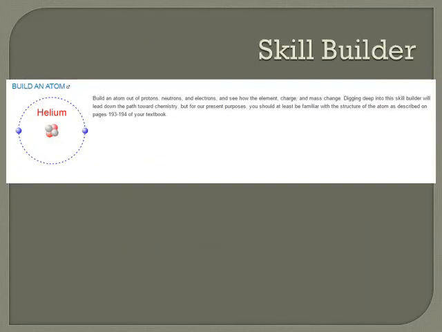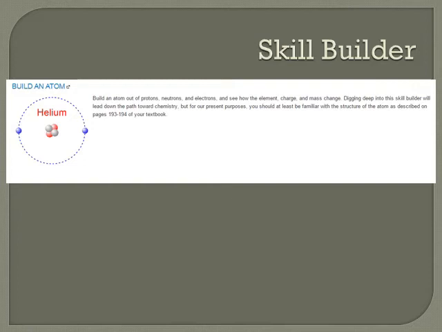Okay, so just so you get comfortable with the general structure of atoms, I encourage you to check out the first skill builder in this module, which allows you to build an atom of various elements, because each element has a specific number of protons in the nucleus. And you'll learn some other things about ions and isotopes and that sort of thing, but the main thing is you understand that each element has a specific number of protons.